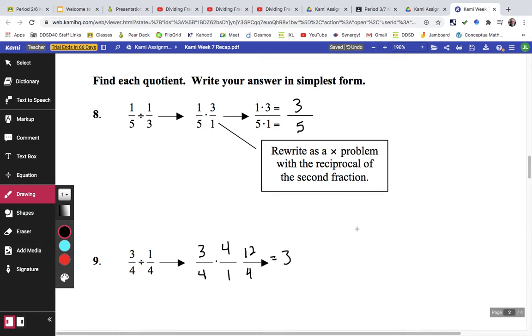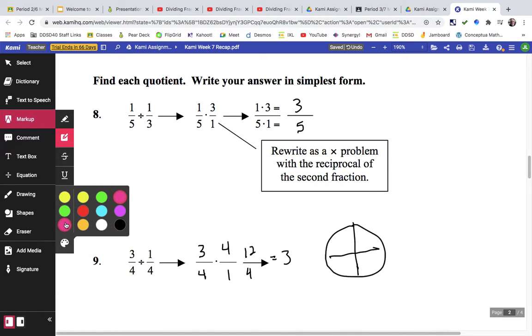And so we're going to draw a picture of this. Let's say that we had a pizza, and we divided that pizza up into fourths, and let me use a highlighter, and we'll go with pink, and I'll draw it in. Okay, so let's say that we had 3/4 of this pizza highlighted. So we had 3/4 of a pizza. This part right here was gone. And we want to divide that into fourths.